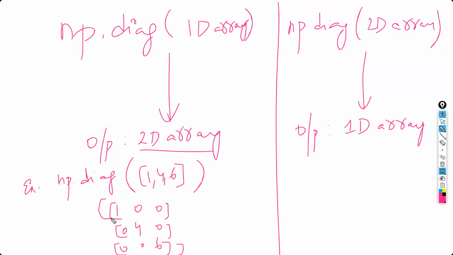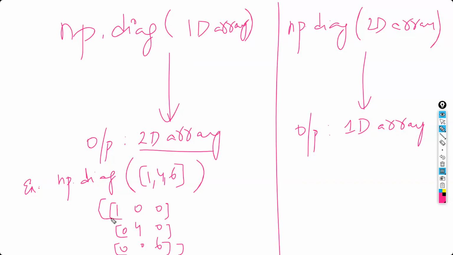This is the output. Since you gave 1D, the output is 2D. These values will be considered the diagonal values and the remaining values will be considered 0. Is the point clear?